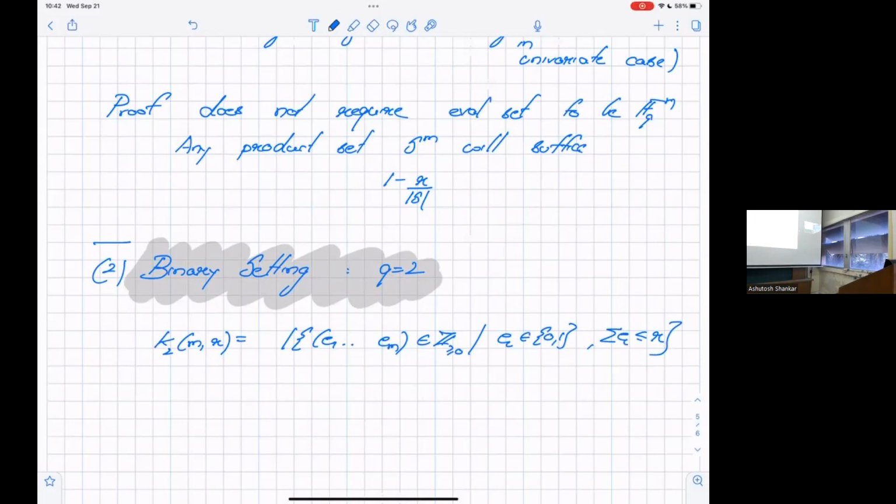Summation of M2 up to r, going from 0 to r. So this is M2 less than or equal to r. That's the dimension of the space in this setting.